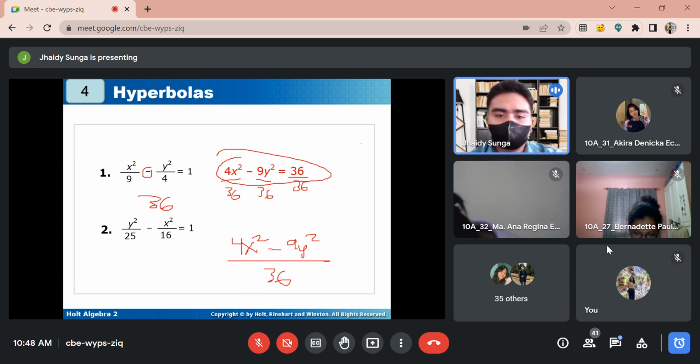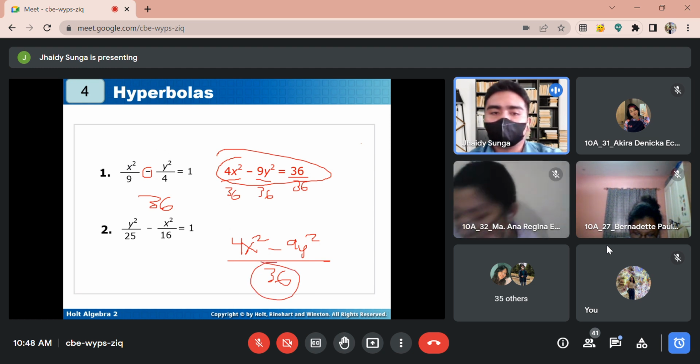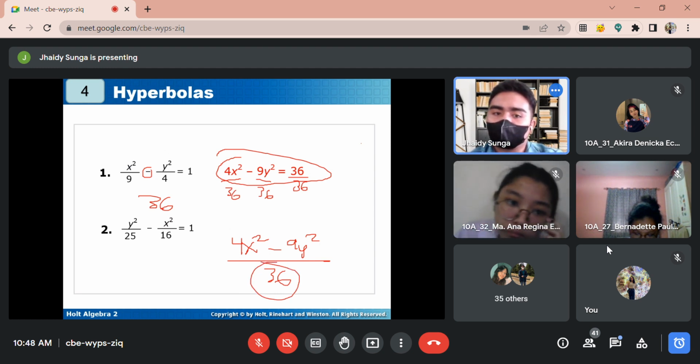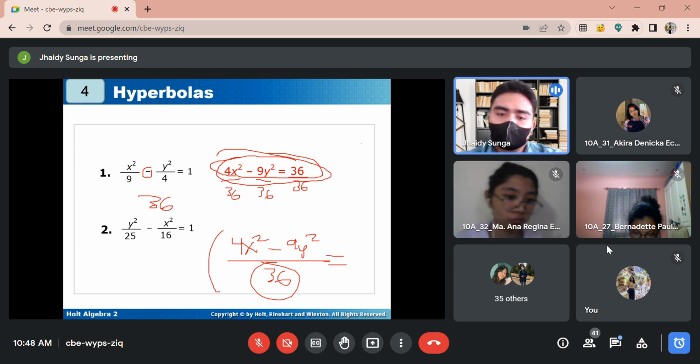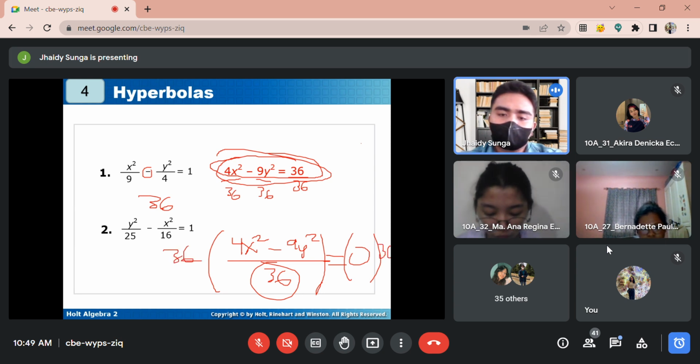Think of something that you could use to eliminate this 36, because in general form, correct? In general form, it always looks like a straight line, one line only. It doesn't have any denominator. So what are we going to do? We are going to cancel this 36 by multiplying both sides by 36.